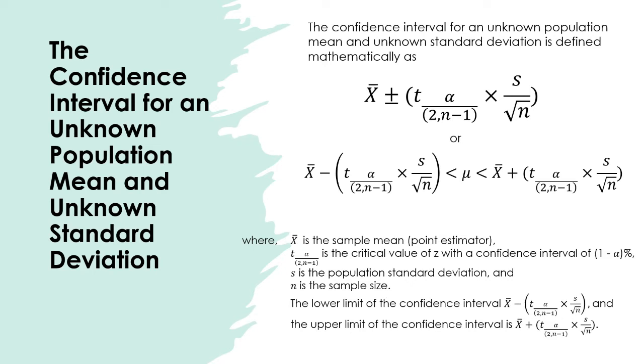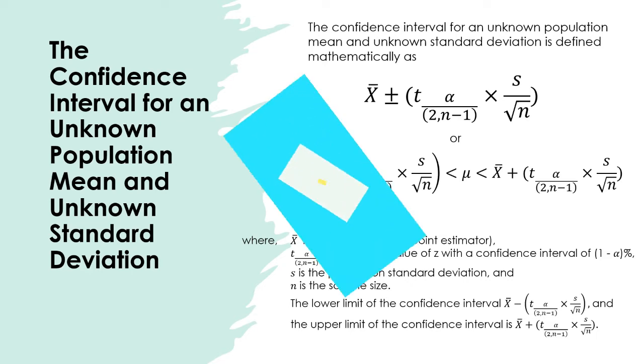And the upper limit of the confidence interval is x bar plus the quantity of t sub alpha over the quantity of 2 and n minus 1 times s divided by square root of n.